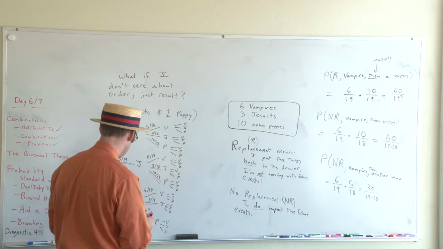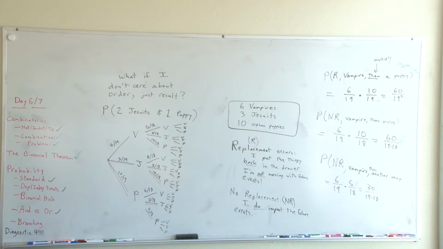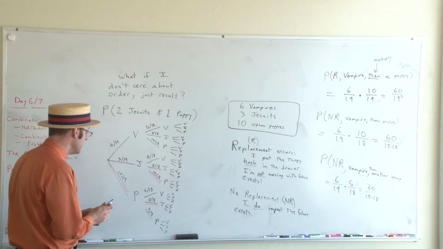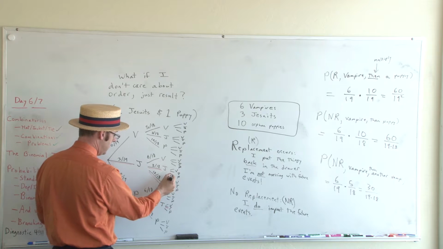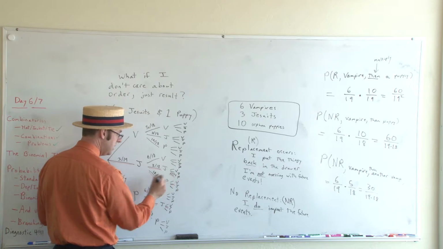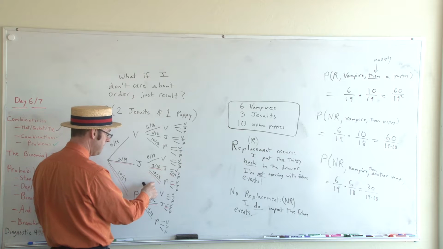So will it always be 3 branches, because it's 2 Jesuits, 1 puppy? If I'm just picking 3 things, yes. If I'm picking 4, no. So here, if I'm looking at Jesuit, puppy, this is 10 out of 17, because I haven't picked any puppies yet.